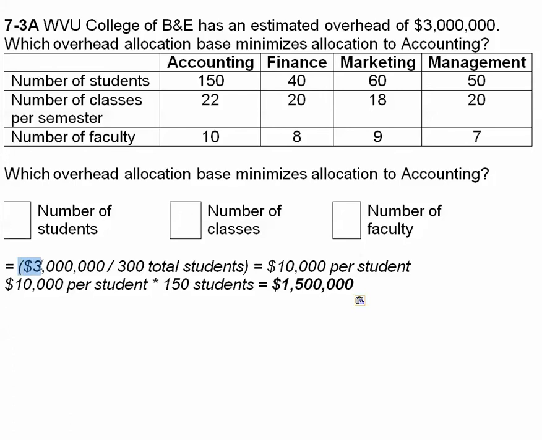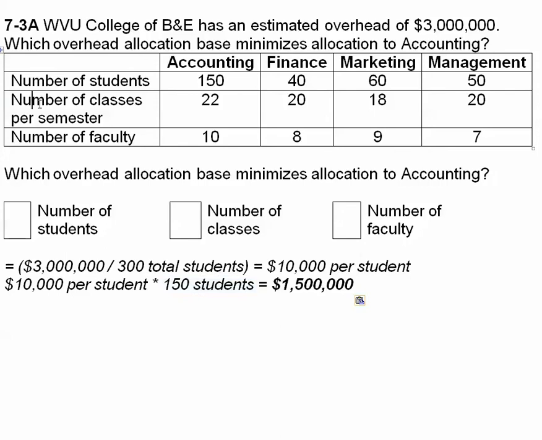Again, that was determined by taking your total overhead costs and dividing it by your total students, all of these added together, and then multiplying that overhead rate by the number of actual students in the accounting department.